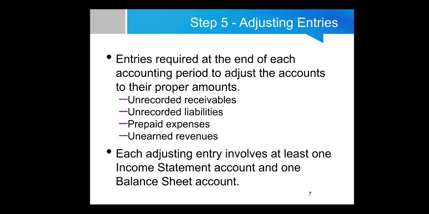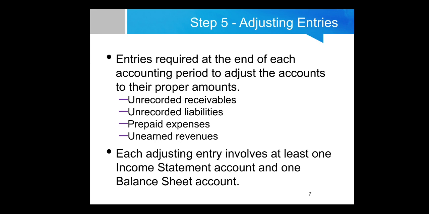Adjusting entries are entries that are required at the end of each accounting period to adjust the accounts to their proper amounts. The main reason you do adjusting entries is to follow the matching principle. Remember that.